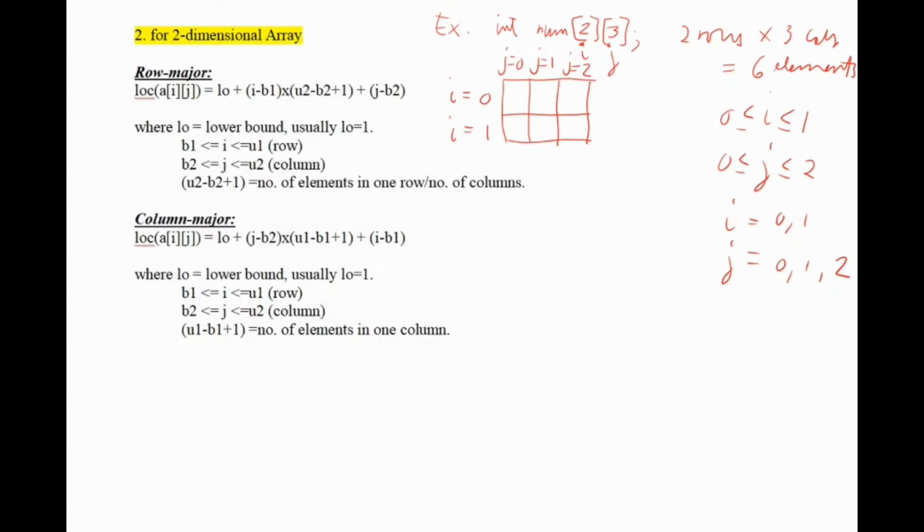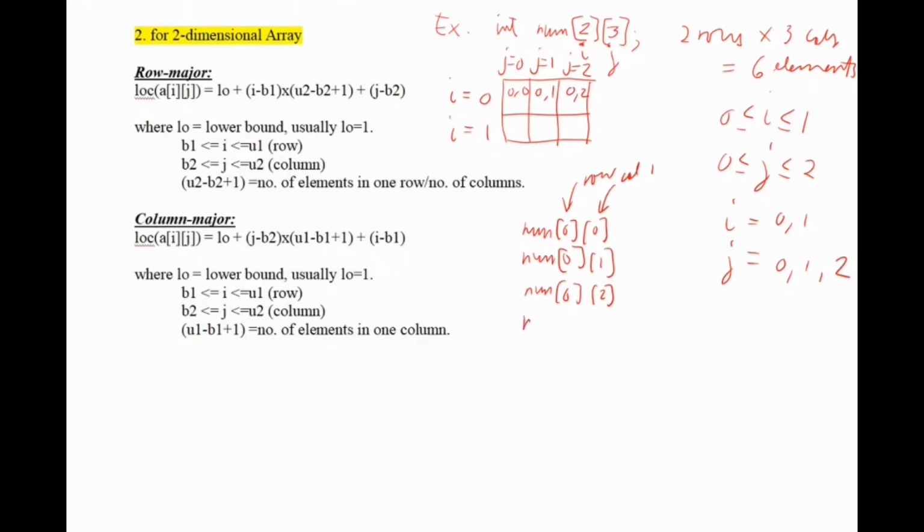So the first element is denoted as num[0][0], which is this one. Next is [0][1], which is this. Take note that the first index is always the row index and the second index is the column index. The third would be num[0][2], which is this one.